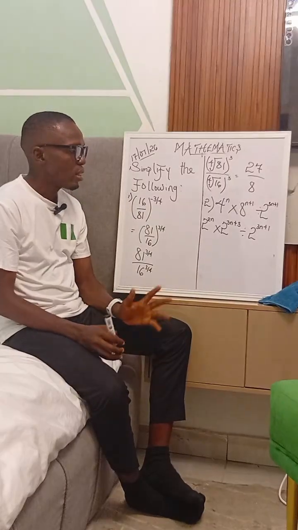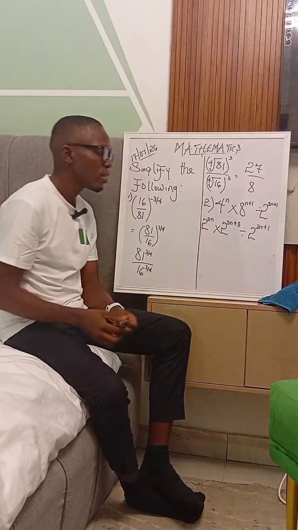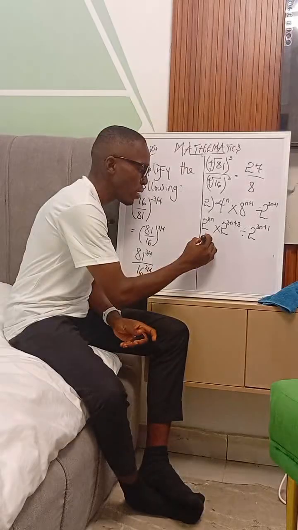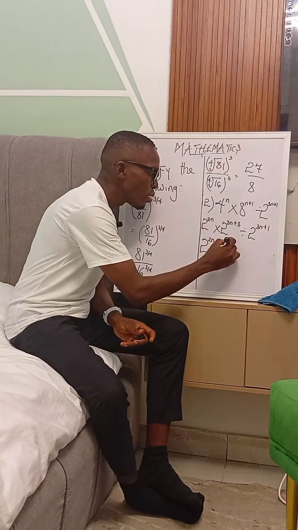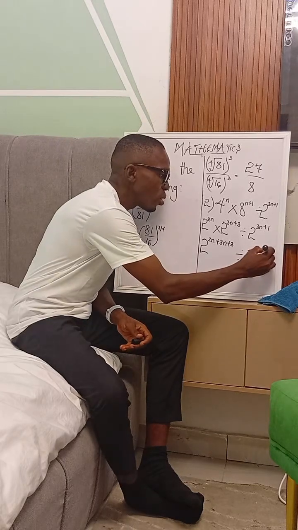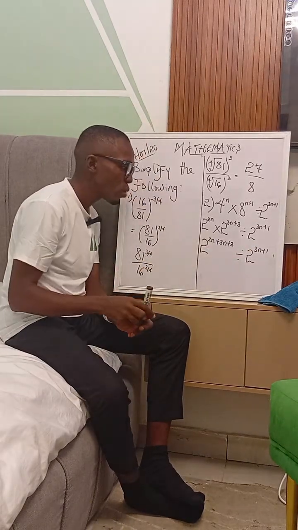Now we can apply the laws. What does the law say? I can start off with this first, simplify this before I move to this. I will now have here 2 to the power of 2n plus 3n plus 3, divided by 2 to the power of 3n plus 1. Now, if I continue further, 2n plus 3n will give us 5n.